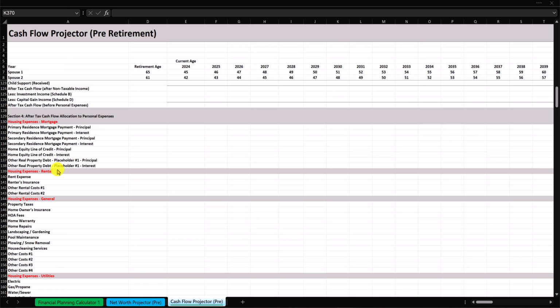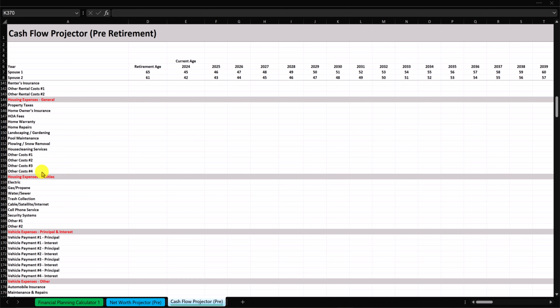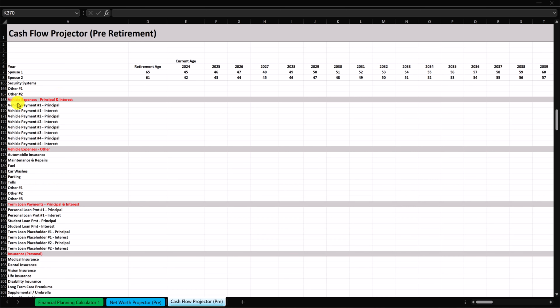Then we're going to have housing expenses related to rental properties if you happen to rent and not own. Then we're going to have all of our general housing expenses down here. After that, we will deal with housing expenses related to utilities. Then we're going to move on to vehicle expenses, and again, with respect to the loan on a vehicle, we are going to break it out between principal and interest.